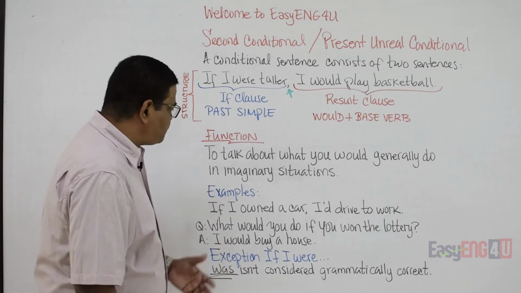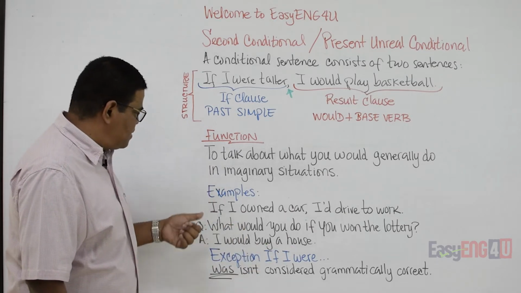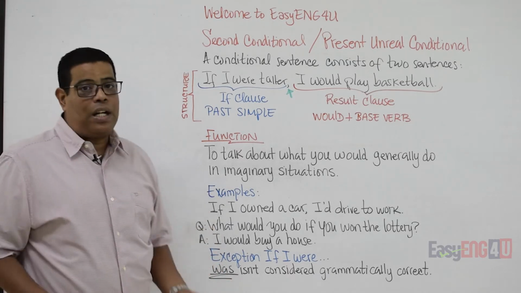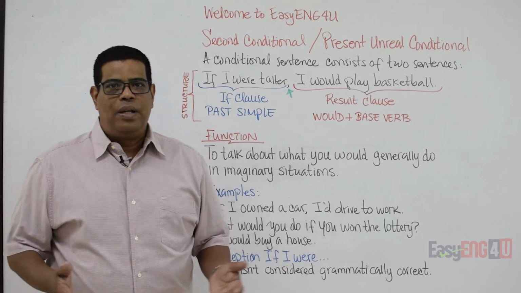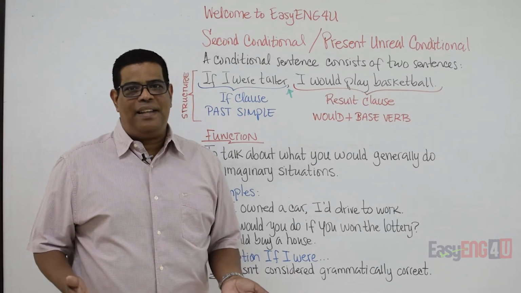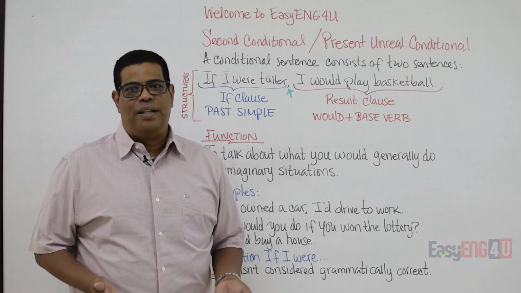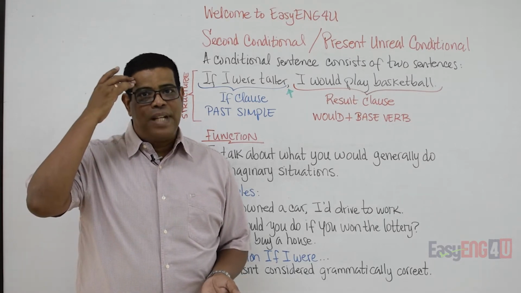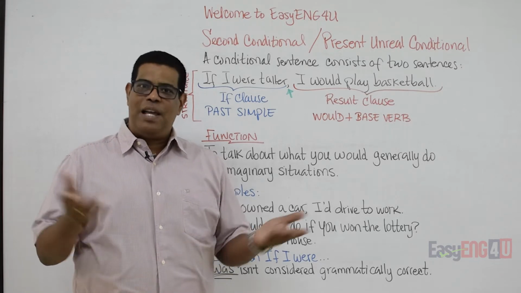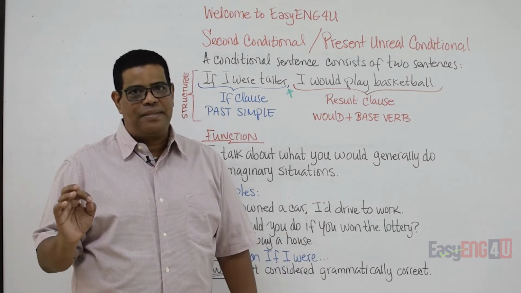All right. Let's take a look at other examples that I have here on the board. For example, this one. If I owned a car, I would drive to work. What is my reality? My reality is that I don't have a car, but I imagine if I had one, well, I would drive to work. Very nice, okay?